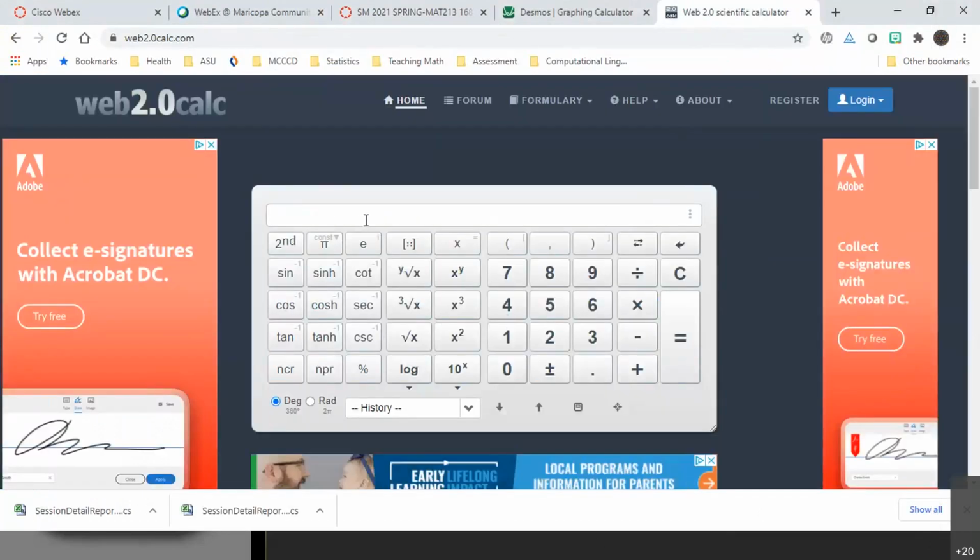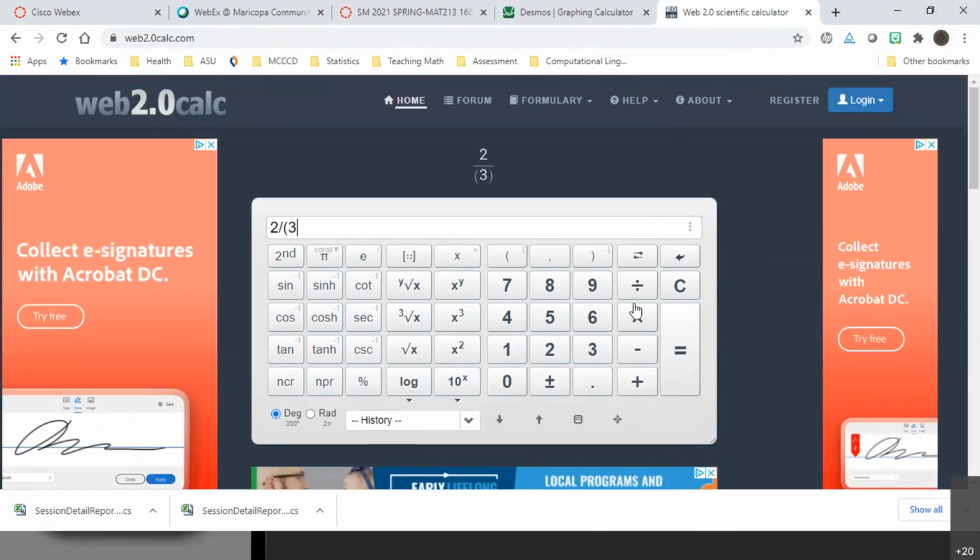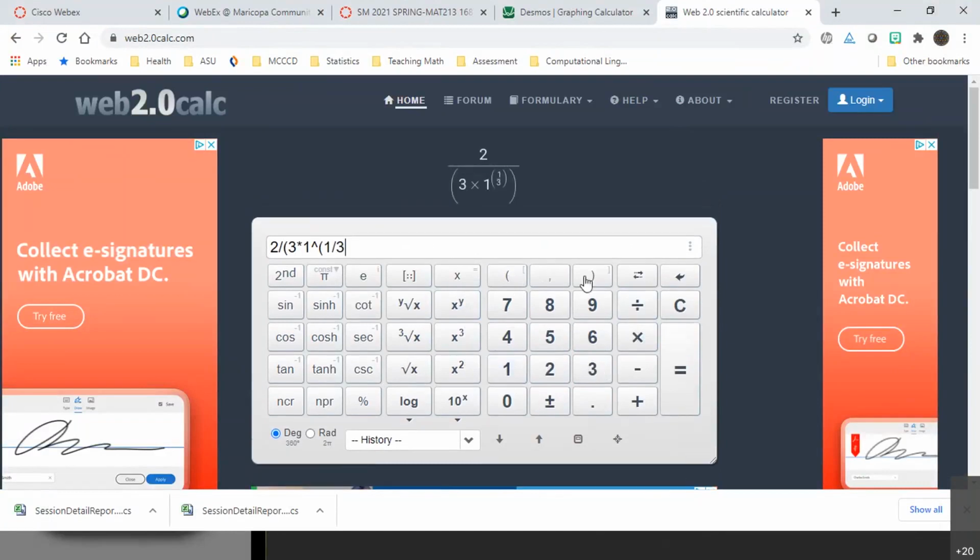Here's Web 2.0, and I want to evaluate 2 divided by parentheses 3 times 1 raised to the, now I have to pick a power here. Okay, the power also needs to be in parentheses, 1 divided by 3. Okay, and then close. And just check, this looks like what you expect.